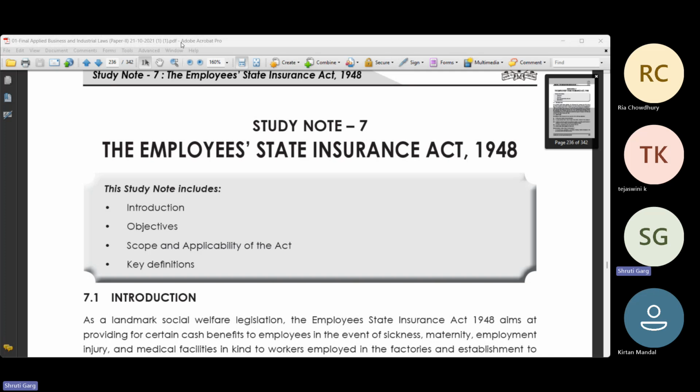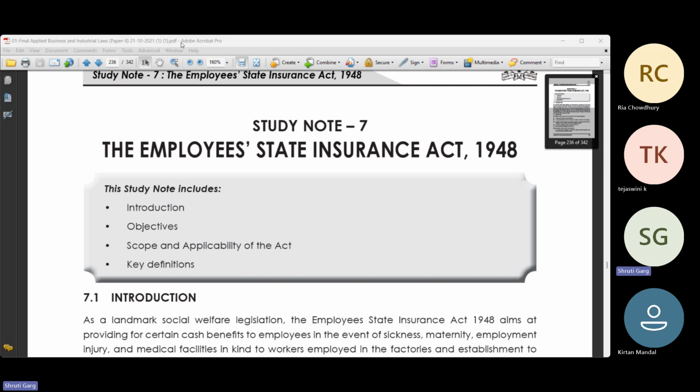Insurance, the Employees State Insurance Act, where the company comes forward to insure the employee, for protecting the employee and their family members from accidents, for medical coverage, and so on, right?